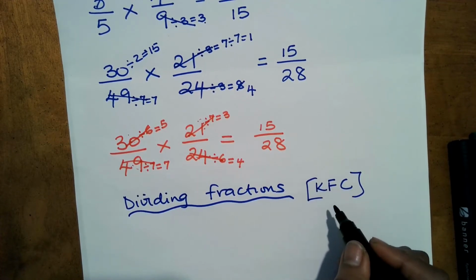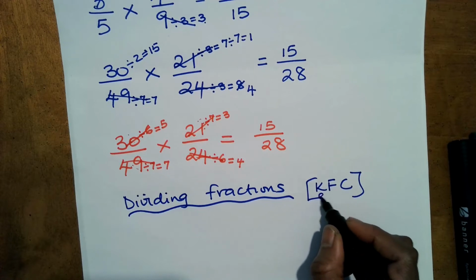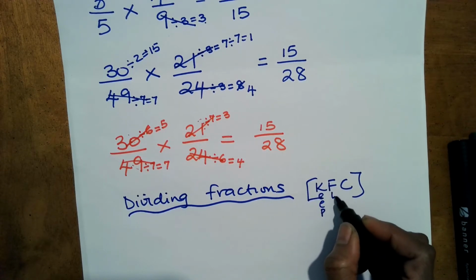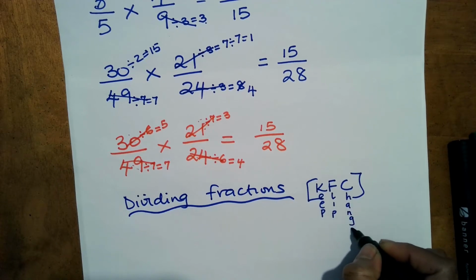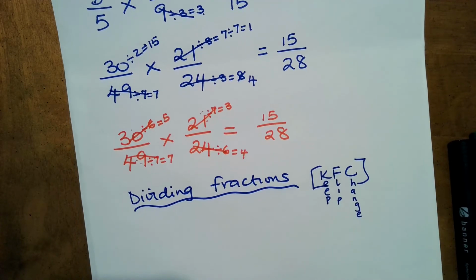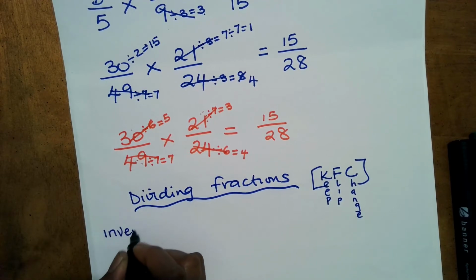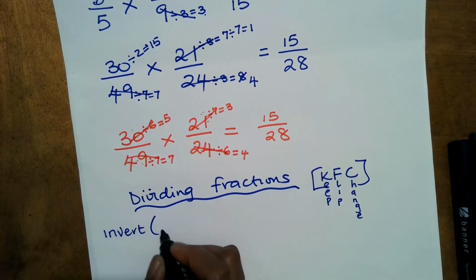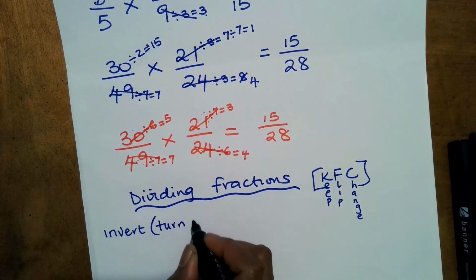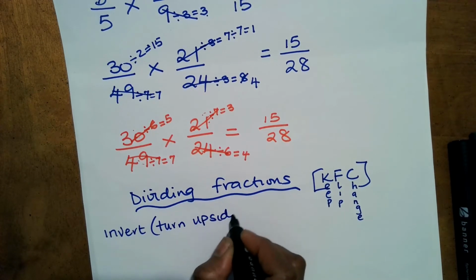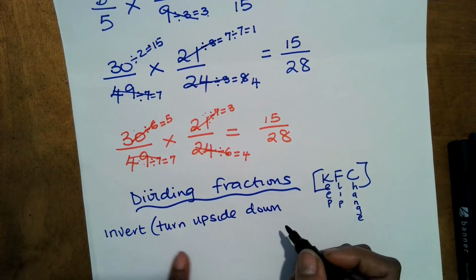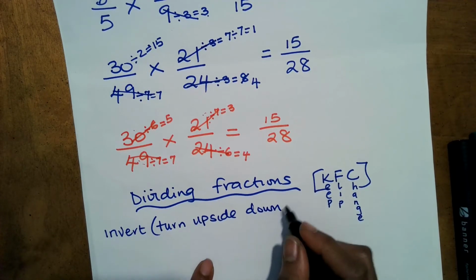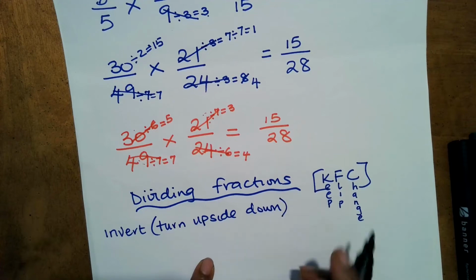So this means keep, flip, and change. In other words, we can invert the fractions. That means to turn upside down. We turn the second fraction upside down.